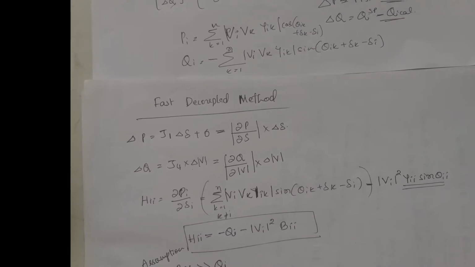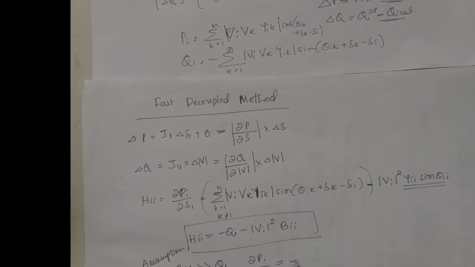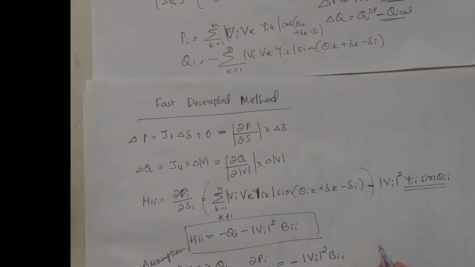When we neglect Qi, the partial differentiation of Pi with respect to delta I is equal to minus Vi square Bii.